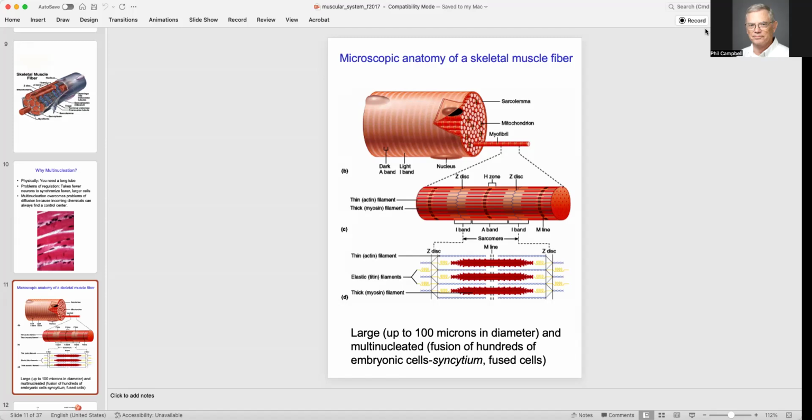Now, we have something called the I band, and the I band straddles the Z disc. Remember, we have a sarcomere here, sharing a Z disc. The light band is that zone which is not occupied by a thick filament.